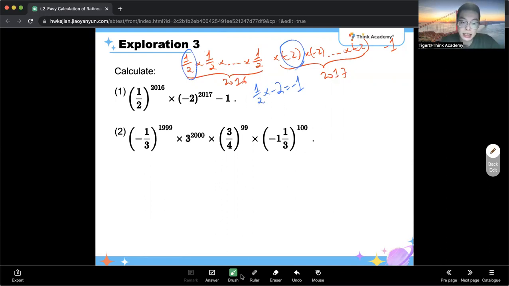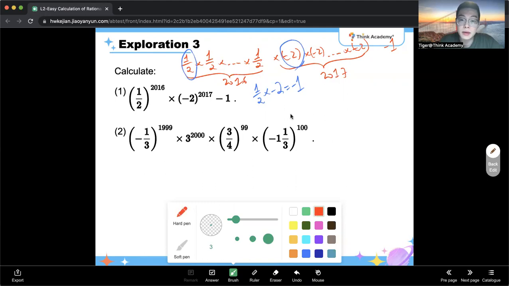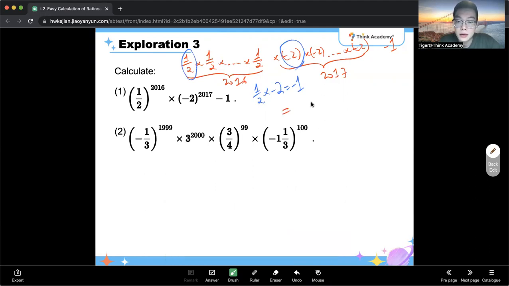So in the end, we are going to have 2016 groups of minus 1, multiplying the singled out minus 2, and take away the 1, which means that I have minus 1 to the power of 2016, multiplying minus 2, take away 1.